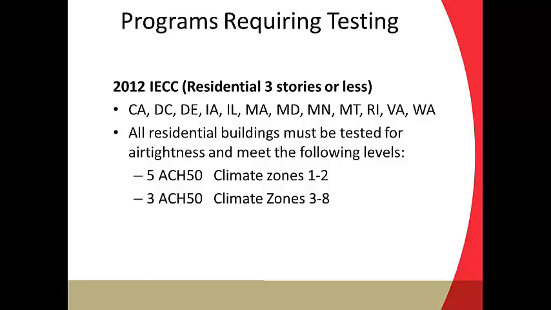So that's at 5 air changes per hour, but most of the country that has adopted the code is at 3. And some have adopted, like Illinois, for example, has adopted the 2012 code, but their state said 5 air changes per hour is what they're shooting for to start with. So they're trying to make it more achievable for their builders in Illinois to start with.